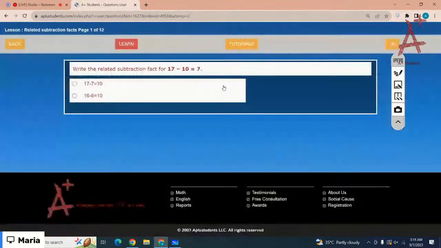Let's just start with the practice questions. Write the related subtraction fact for 17 minus 10 equals 7.